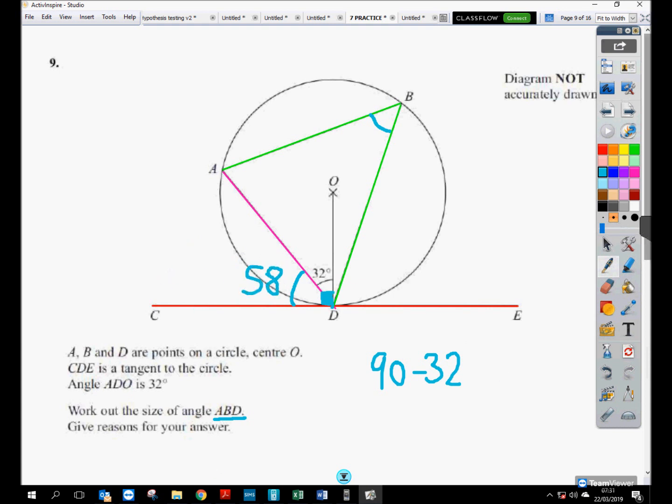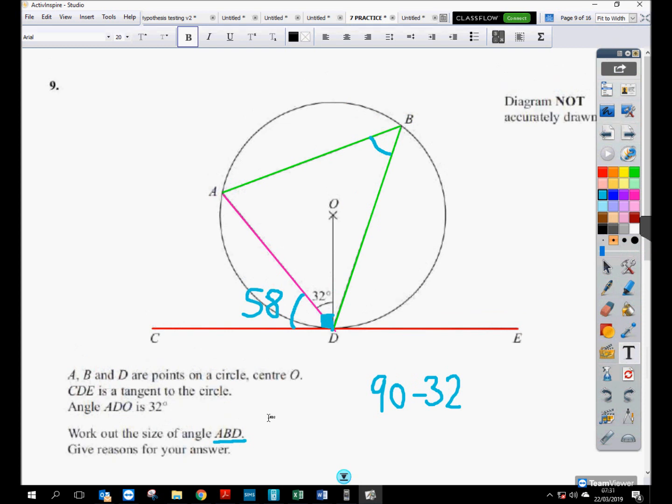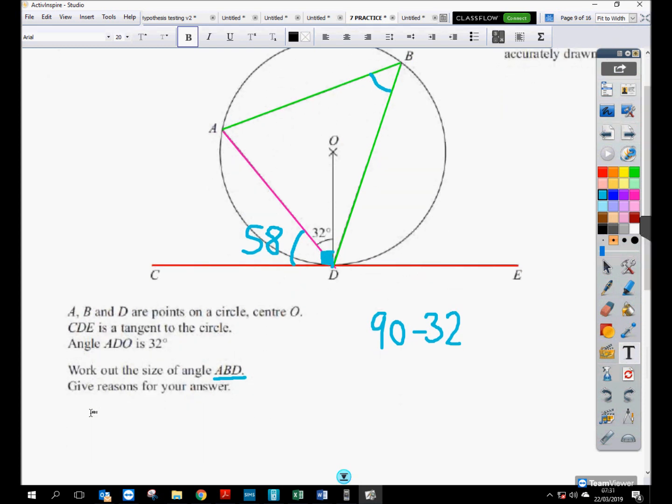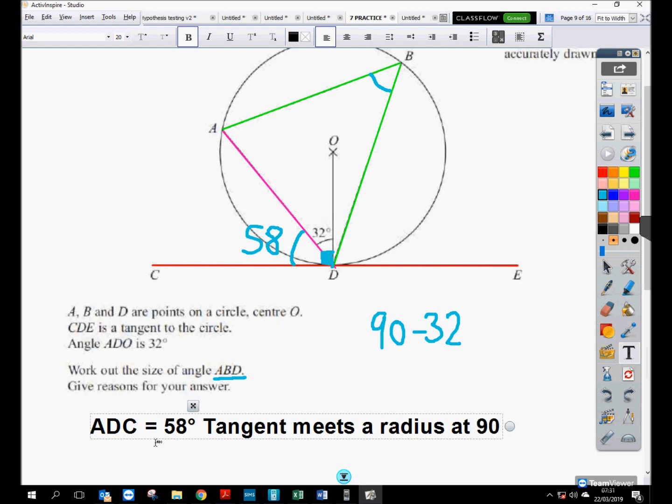This one is 58. I'm going to write down a reason for my answer. So let's write this down. ADC equals 58 degrees. Okay, and the reason why is tangent meets radius at 90 degrees.